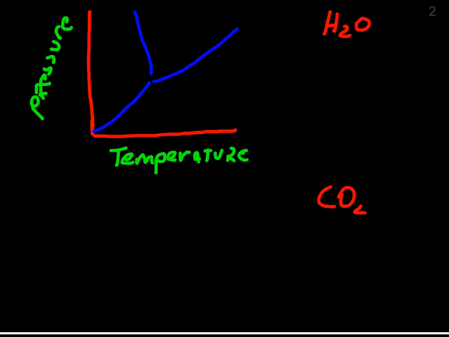Right here, this will be where you have a gas. Right here, you're going to have a liquid. Right here, you're going to have a solid. And what this explains is the places at which, depending on what the pressure is or depending on what the temperature is, whether it is in a gas, liquid, or solid.